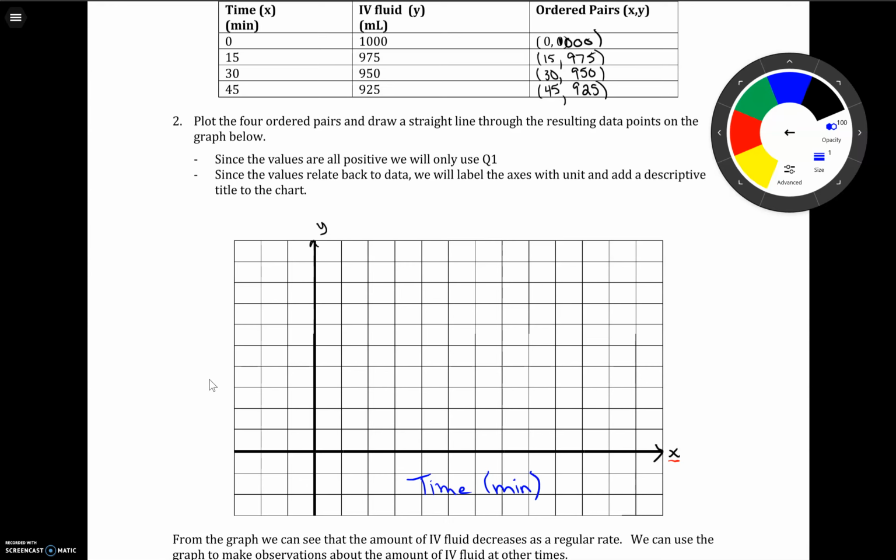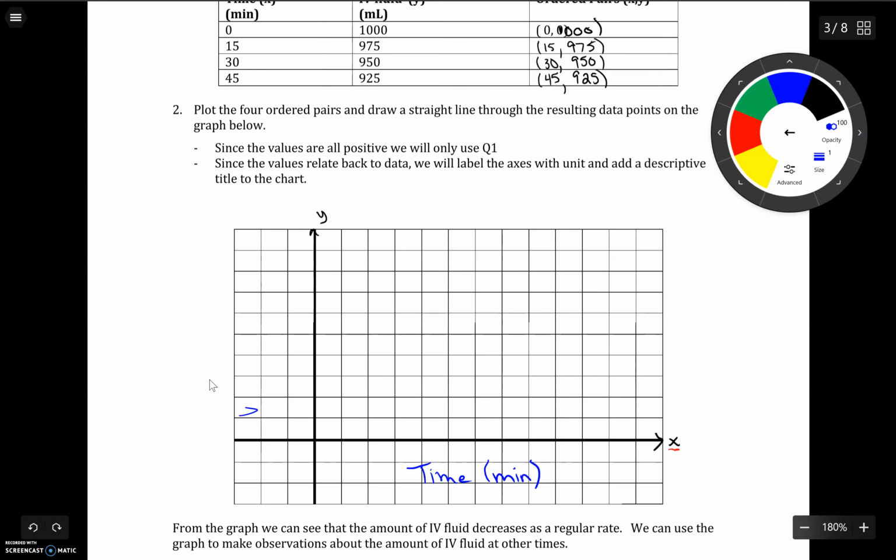And then my y-axis is the volume of IV fluid, and that's in milliliters. Typically we do rotate the text up the y-axis, so we can put more details in there.